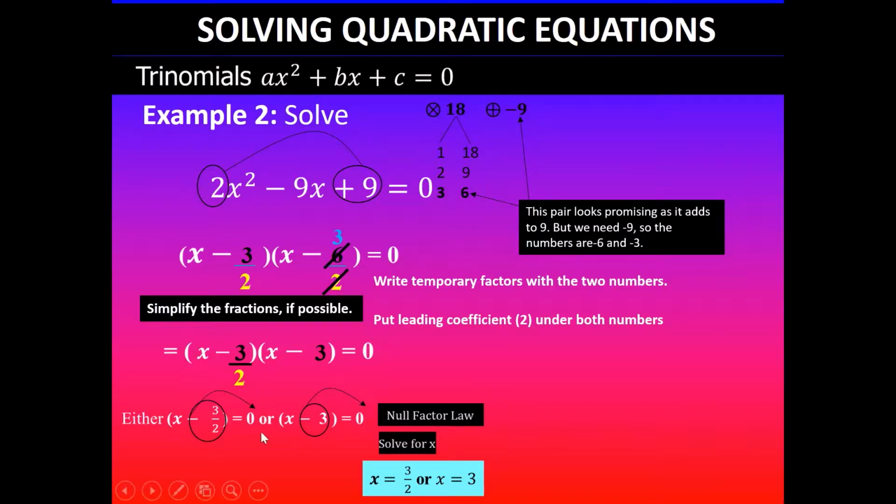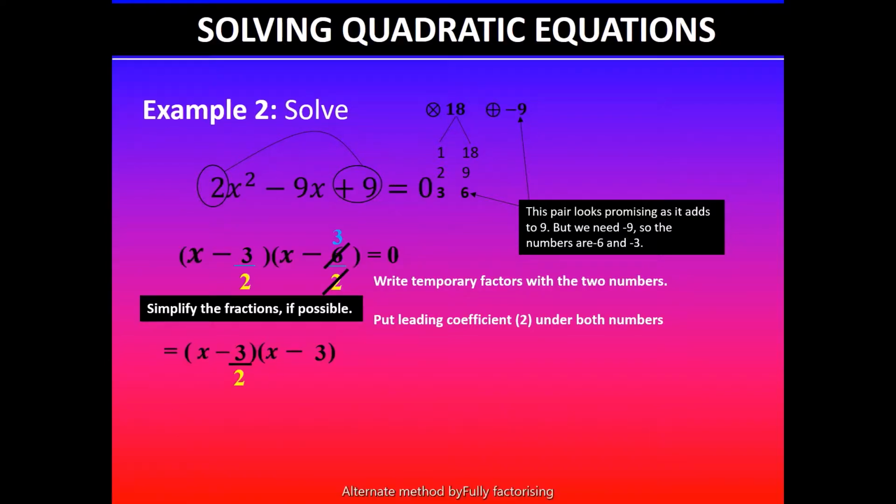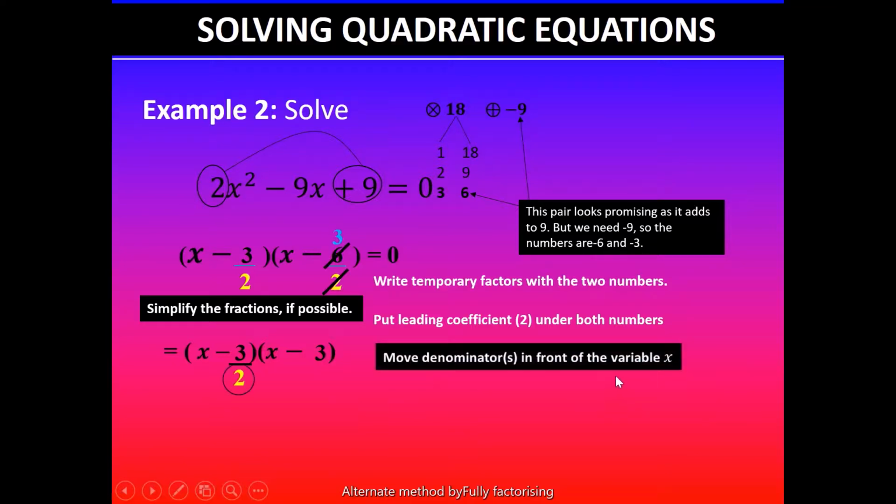Now I haven't fully factorized this. I could have fully factorized this before solving, but the question says solve, so I've just skipped that part. You would have still got the same answer if you had fully factorized it and then solved. For example, if I want to fully factorize, what I will then need to do is move the denominators in front of the variable.